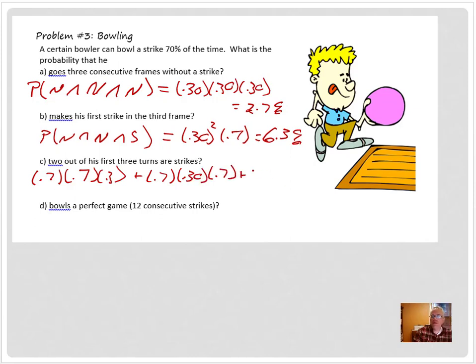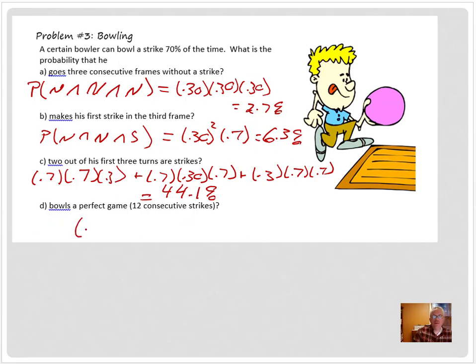Or it could be the first one that's not a strike. So I just threw this example in here to let you know it can get kind of complicated. Well, we have to take into account there are 3 ways that could happen. The last one's not a strike, the middle one's not a strike, and the first one's not a strike. And when you do all this, we get 44.1%.